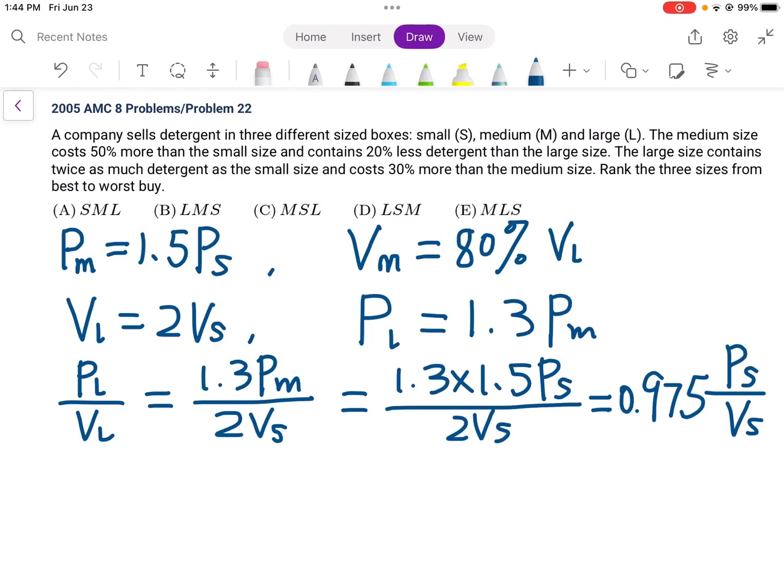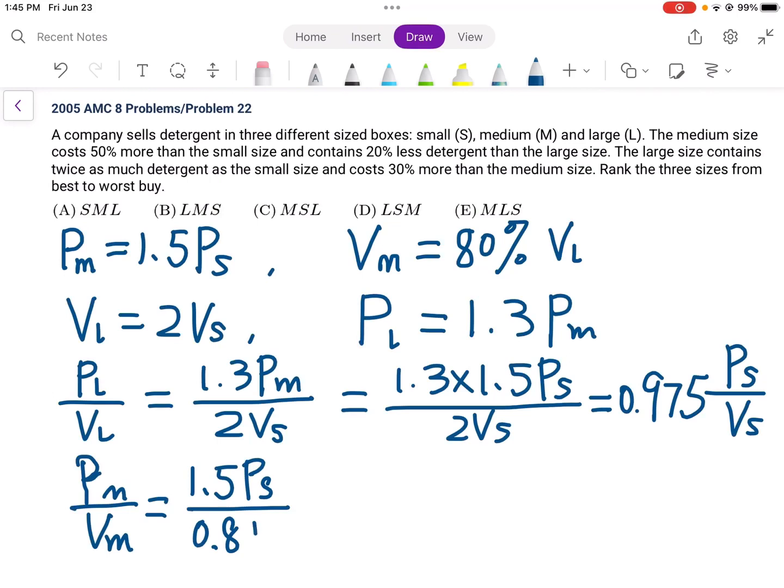Then we calculate the ratio of the medium price over medium-sized volume. That's PM over VM. It equals 1.5 PS over 0.8 VL, and because VL equals 2 VS, so we substitute that into this equation.